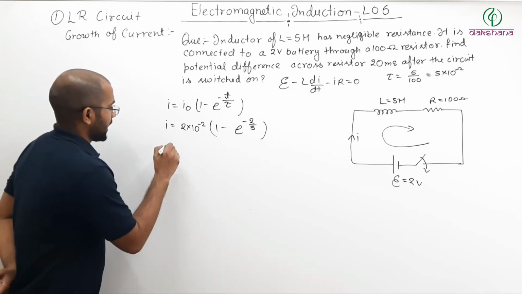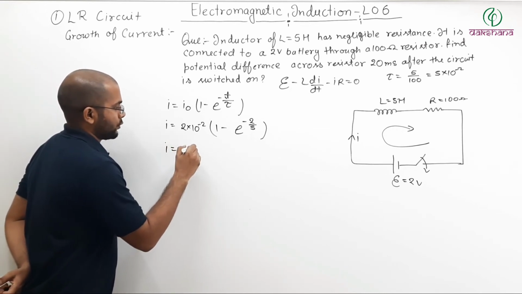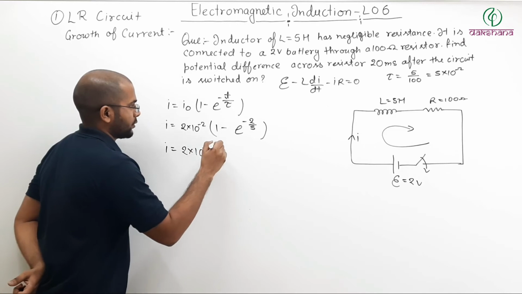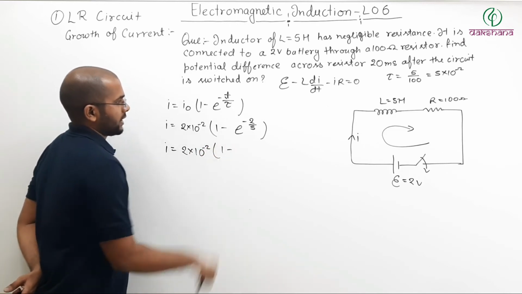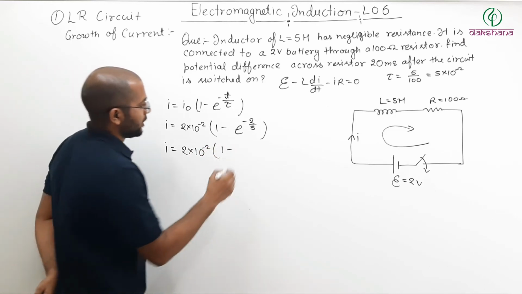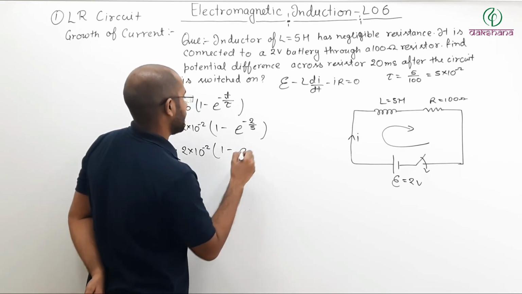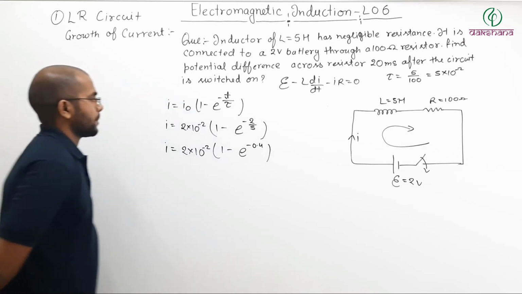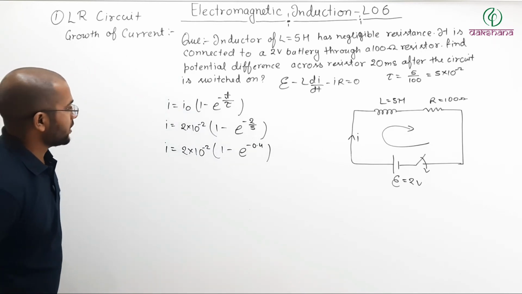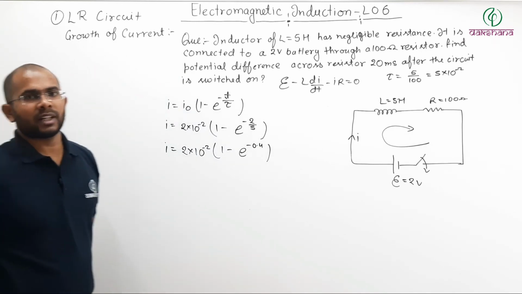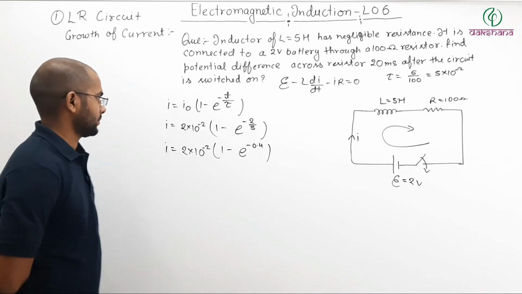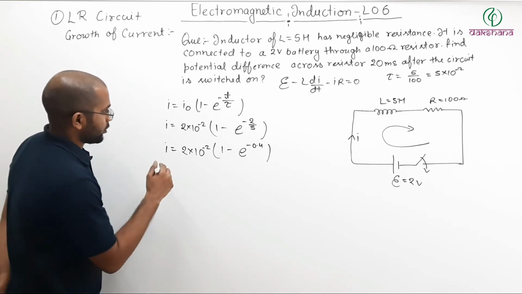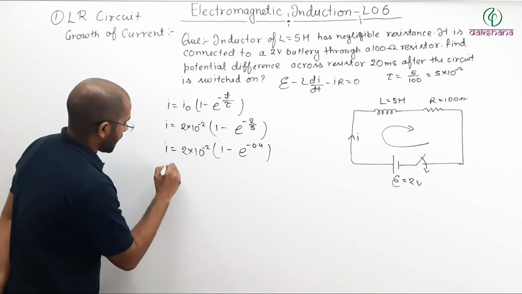So I equals 2 into 10 to the power minus 2, times 1 minus e to the power minus 0.4. So e to the power minus 0.4 is approximately 0.67.